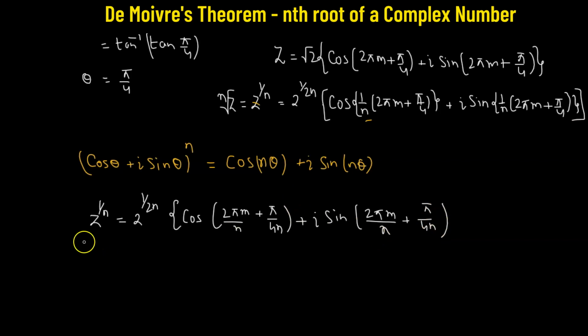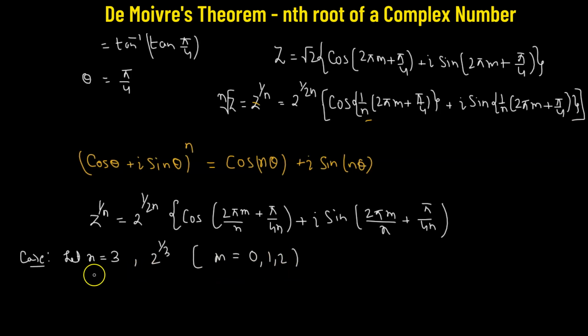Now we will take case number 1. Let the n value equal 3. When n equals 3, we have to find the cube root of the complex number z, so we are going to consider 3 values for m. So m will be equal to 0, 1 and 2.